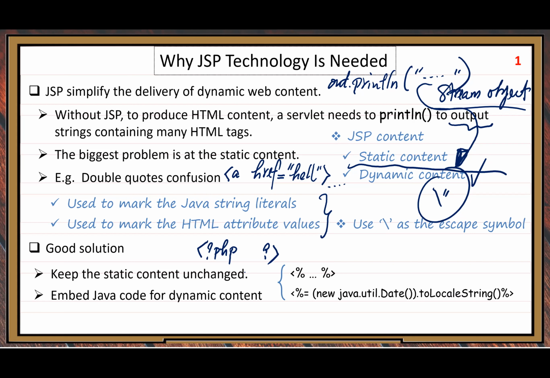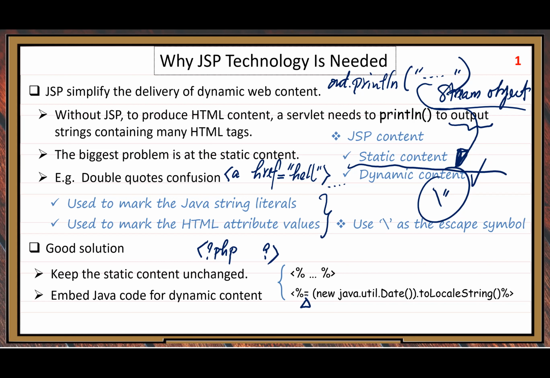Remember in our dynamic JSP example, I put this expression for the dynamic date display. And here you can see, although we have that arrow bracket and percent sign, there is an extra equal sign after the percent sign in the opening tag.